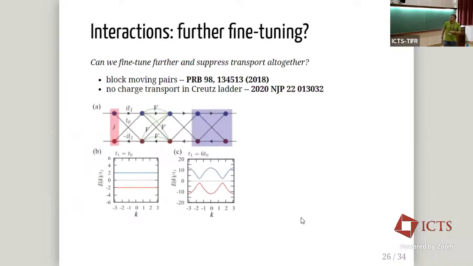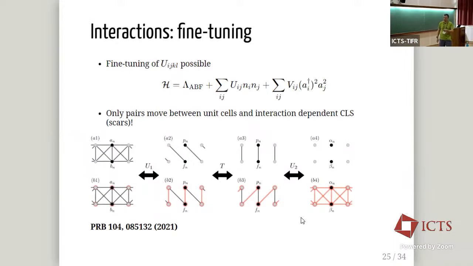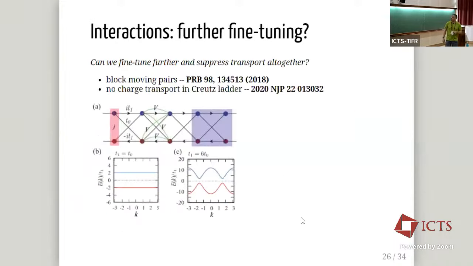However, quite unexpectedly, further fine-tuning is possible. So here, I killed the generic density-assisted hopping terms, but I can still move the pairs. One might wonder whether one can kill the pairs and just end up in a situation where nothing moves. Surprisingly, this is possible, and this was already pointed out as a possibility in the original work by Tovmasyan and Päivi Törmä in 2018.